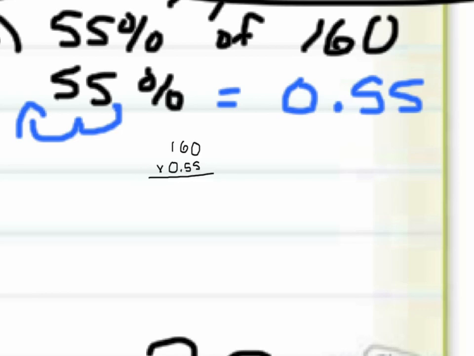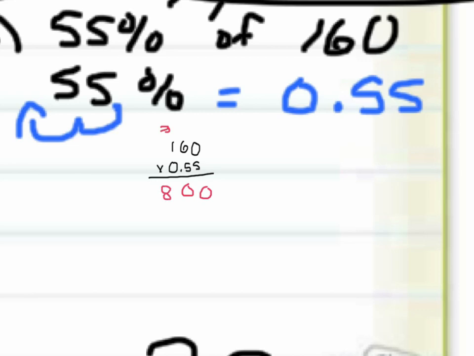And so now we're going to multiply as if the decimal was not there. Just multiply like it was 160 times 55. 5 times 0 is 0. 5 times 6 is 30. And 5 times 1 is 5, plus that 3 is 8.